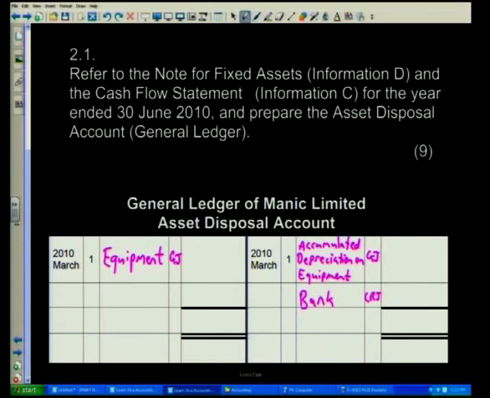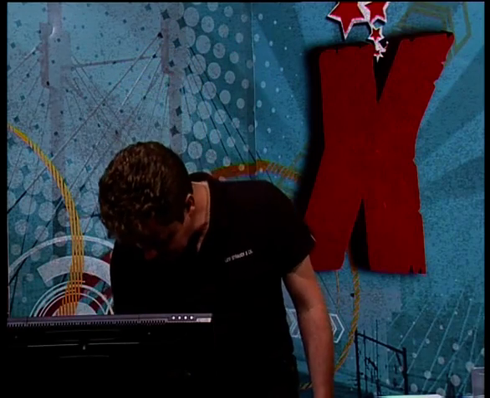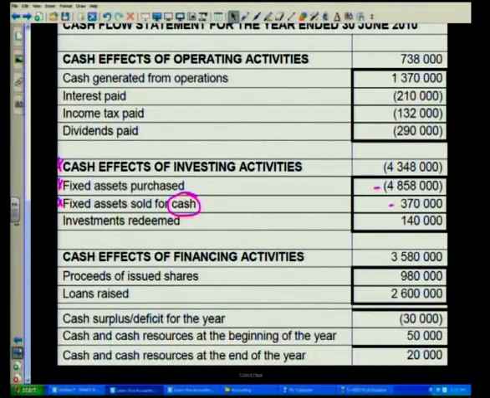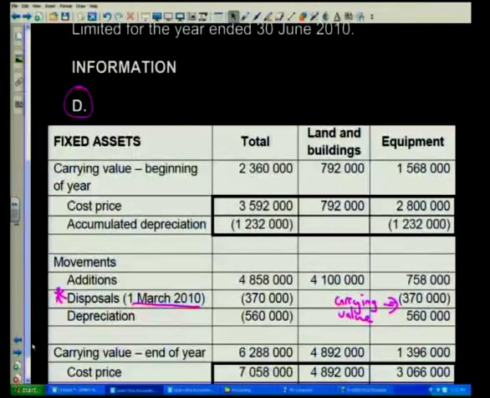Now that we've got this ledger account filled in, we need to remember the last point in our asset disposal. We would put in a profit on the sale of asset or a loss on the sale of asset. But because in our cash flow statement, the question tells us that we sold the fixed asset for cash of 370,000, and because our fixed asset note tells us that the carrying value of the equipment was 370,000, you should be able to see that we have sold something for 370,000 at its carrying value.